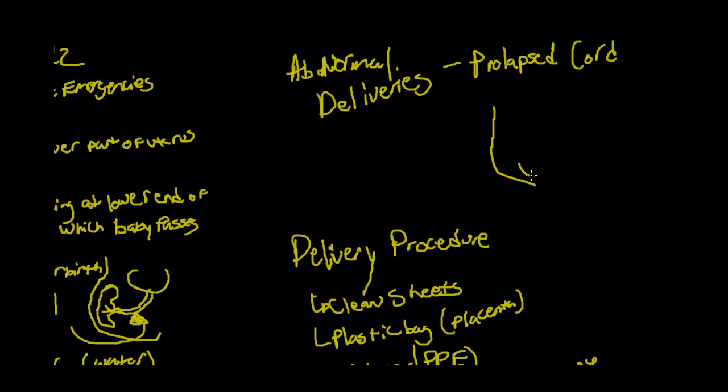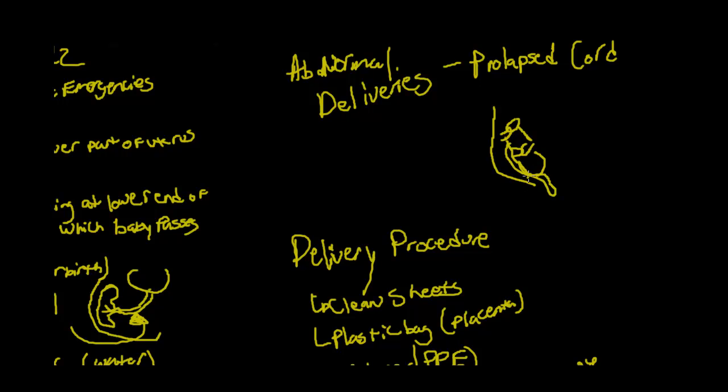So we have the baby's head here. What's happened is, cross his little arms, or her arms. Sorry, artwork's not the best. So you've got the baby's head here, and somehow the cord gets down here and starts to be delivered before the baby.